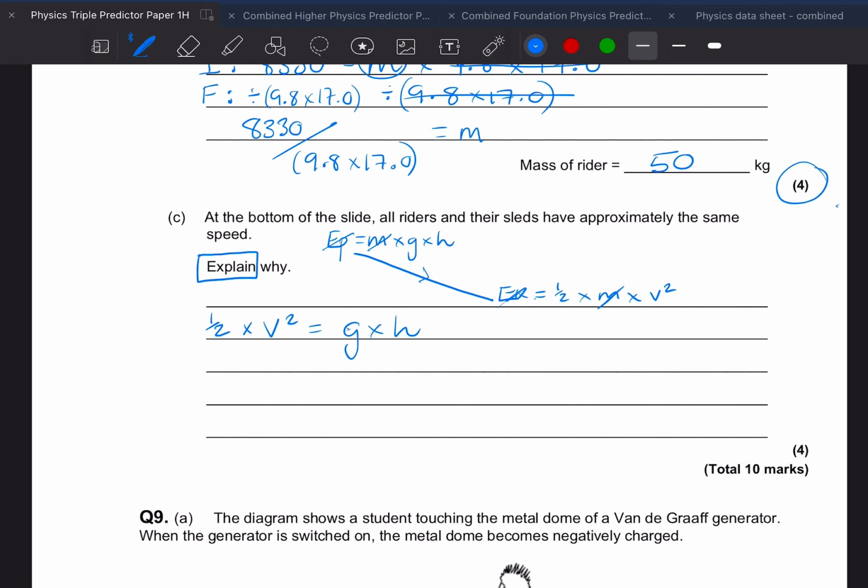Or we could times out that half. So if we times both sides by 2 to get rid of the half, v squared is going to be equal to 2 times gravity times the height.